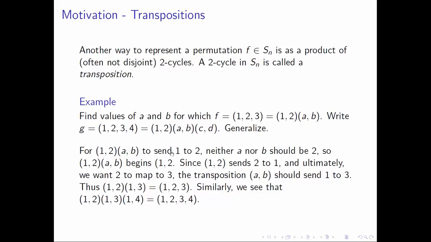So if 2 gets mapped to 1 in the first transposition, then we need the number 1, as it moves on into the permutation (A B), to be mapped to 3, and then that will lead to 2 ultimately being mapped to 3 when we combine these two elements. But we're dealing with just a transposition here. So if (A B) needs to send 1 to 3, then that's exactly what it's going to do. It's going to send 1 to 3 and 3 back to 1. And we check that (1 2)(1 3), when we multiply those two cycles together, is equal to (1 2 3).